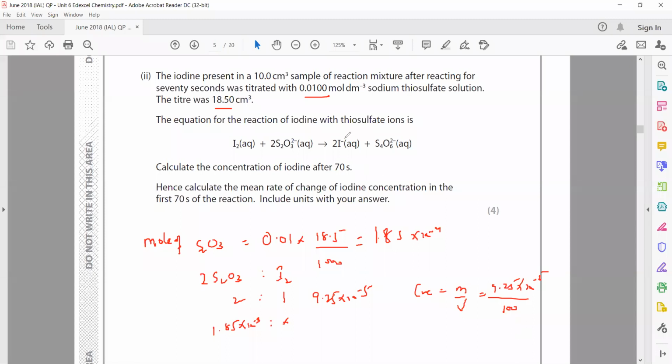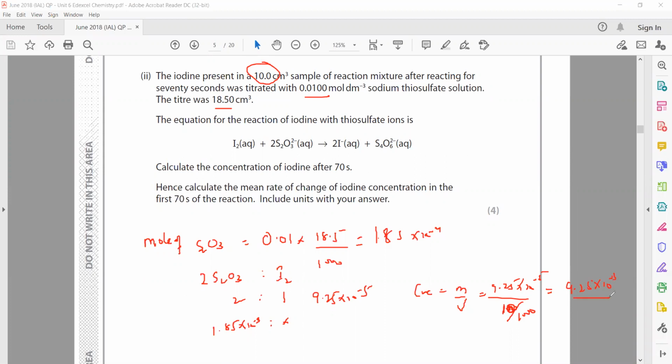The volume here is 10 cm³, because we only titrated 10 cm³, but that is in cm³, so I have to divide by 1000 to convert into dm³. This gives us 9.25 × 10⁻³ concentration.